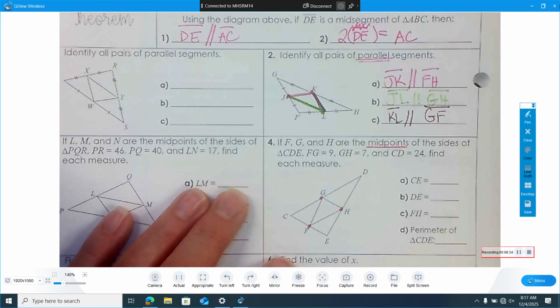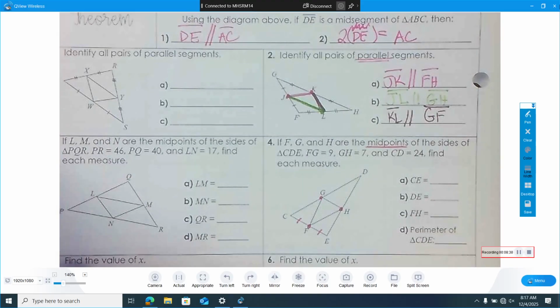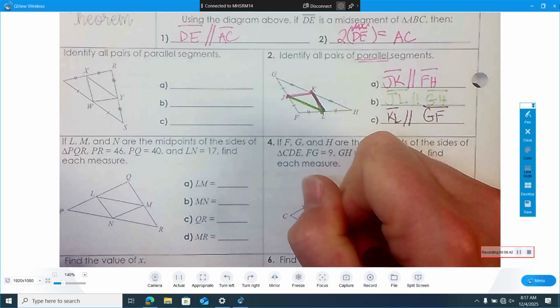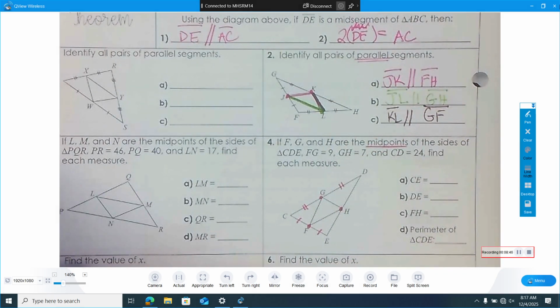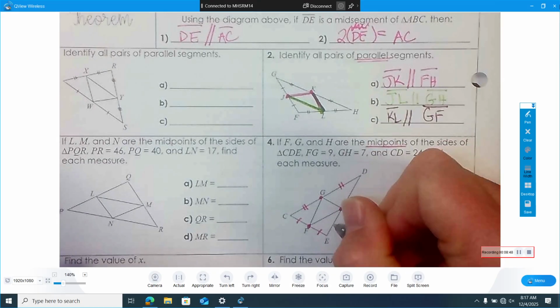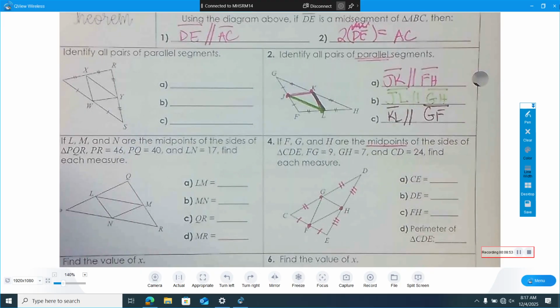I'm going to mark that on my picture. If F is a midpoint, I know CF and FB must be congruent. If G is a midpoint, I know CG and GD must be congruent. And if H is a midpoint, HE and HD must be congruent.